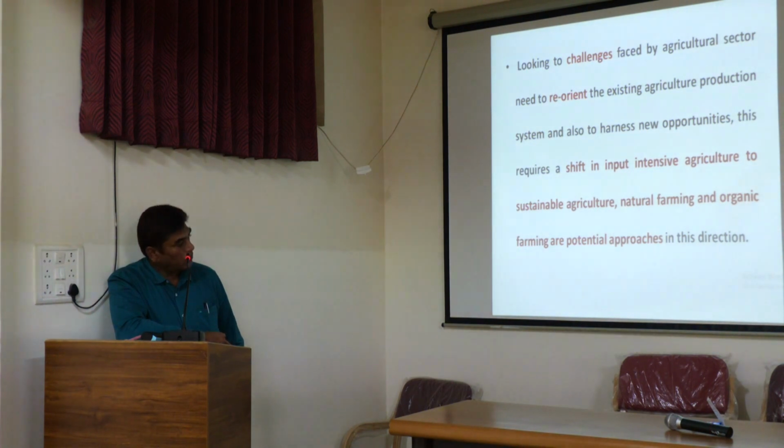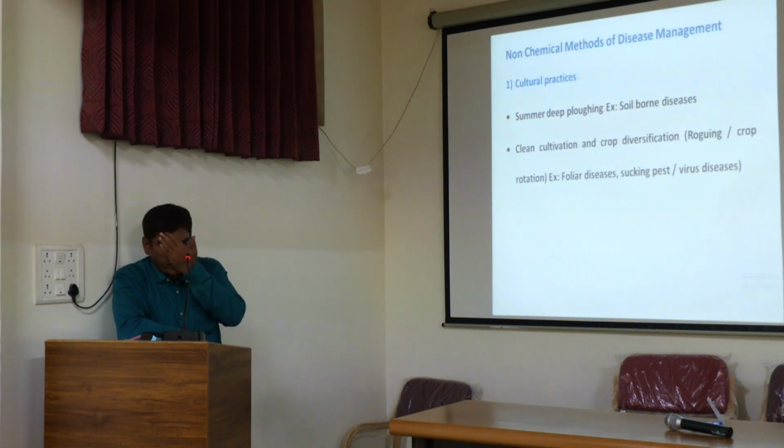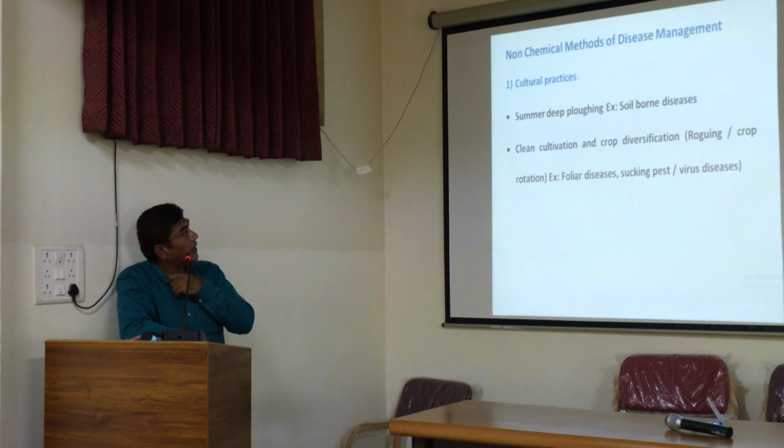These two are becoming a very good option in this direction. So let me come to our main topic. In disease management, our natural farming management strategy is very meager, so I chose this topic: non-chemical methods of disease management.